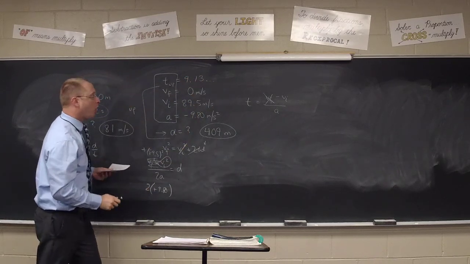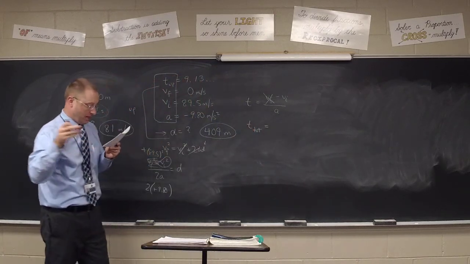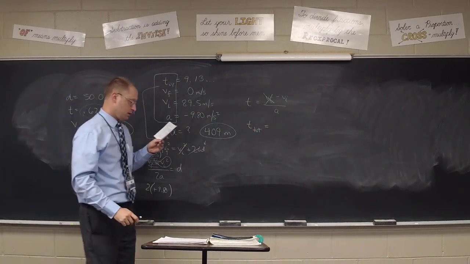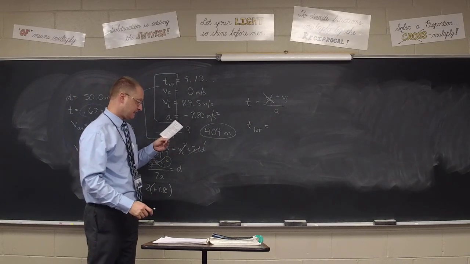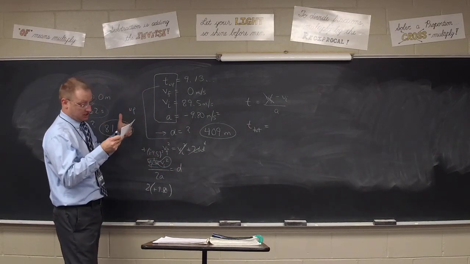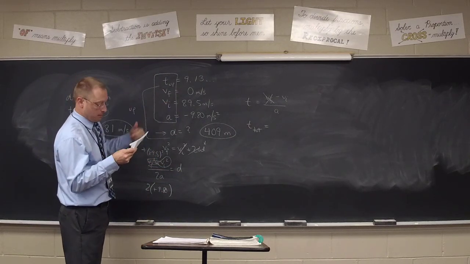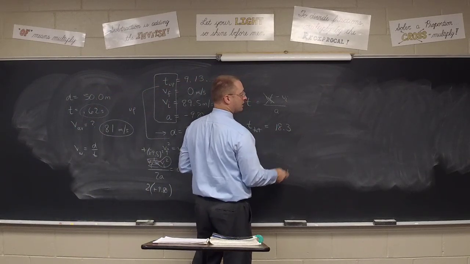Good, but then we want total time, so we'll double that, multiply by 2, and we end up with 18.265, and so on, rounded to still 3 sig figs, because that's all we were given in these two numbers, so 18.3, and time measured in seconds.